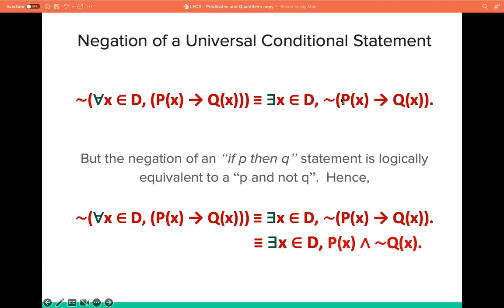So we have not of P of x implies Q of x. But we know that the negation of an if P then Q statement is logically equivalent to P and not Q. Hence, we can replace this with P of x and not Q of x.